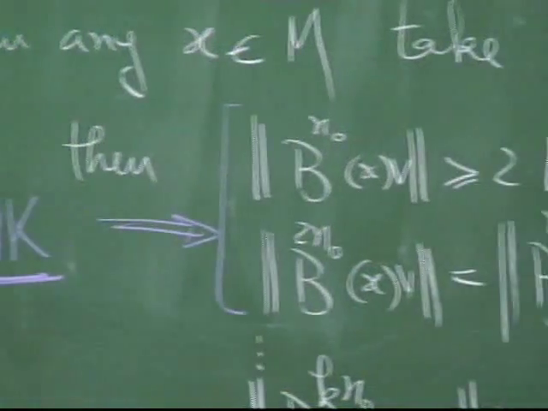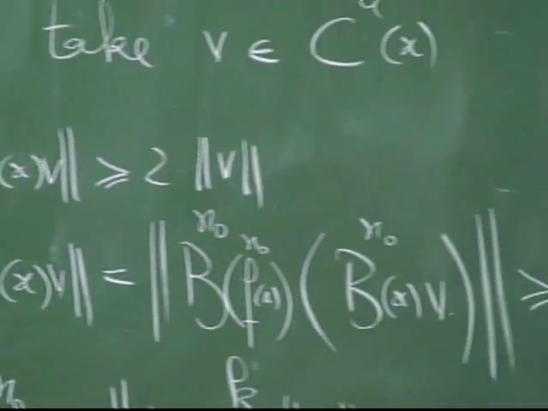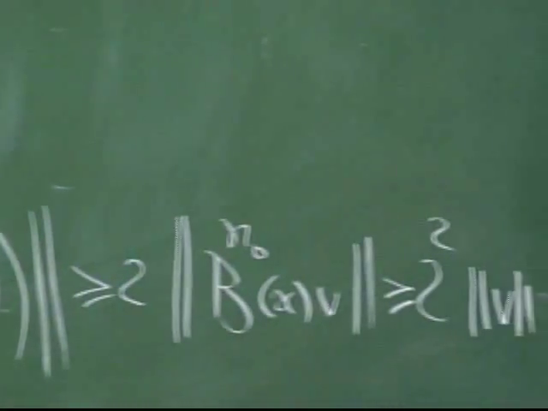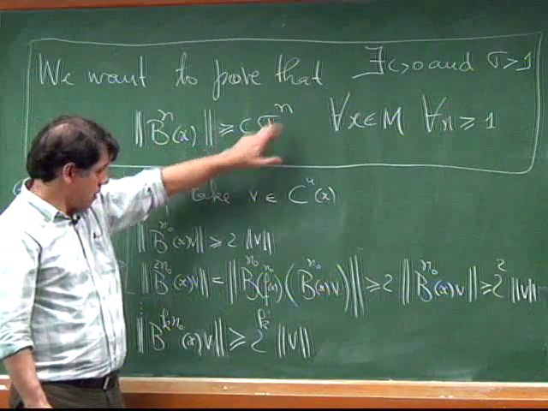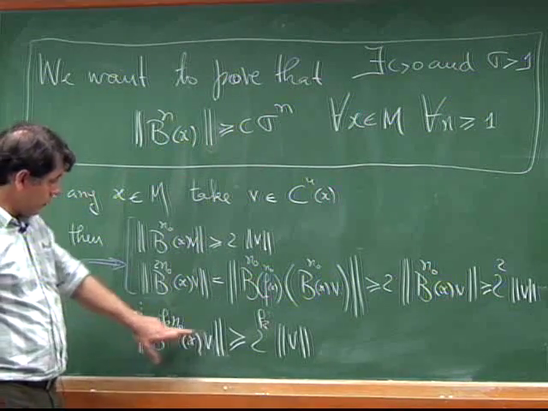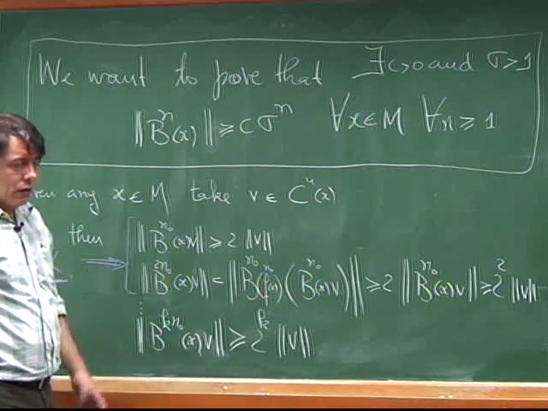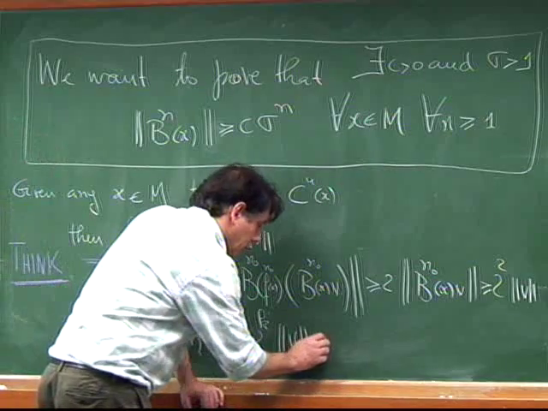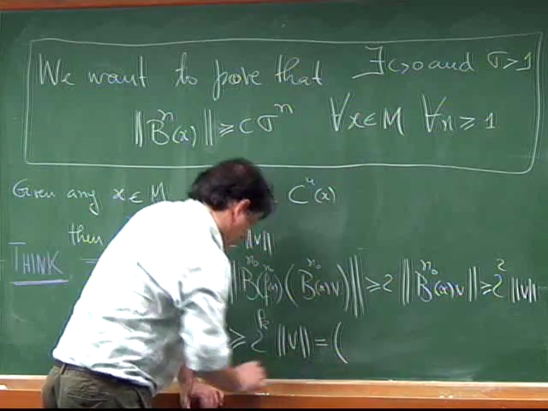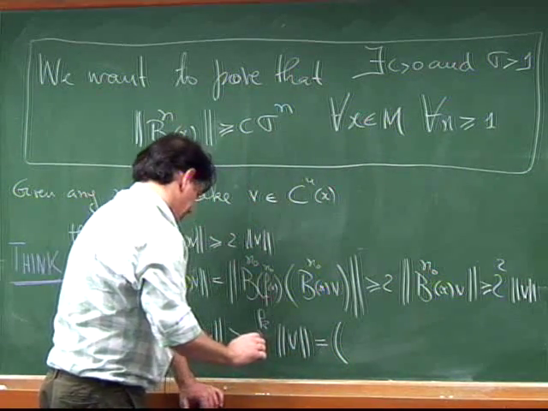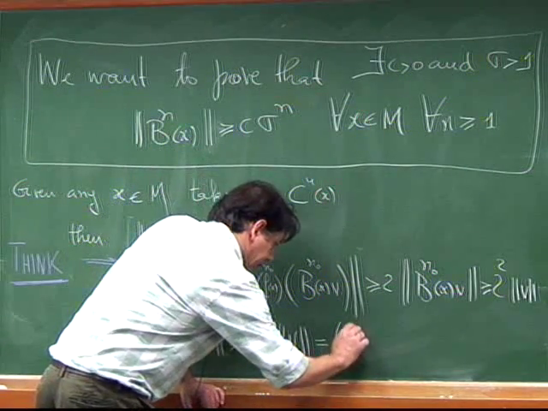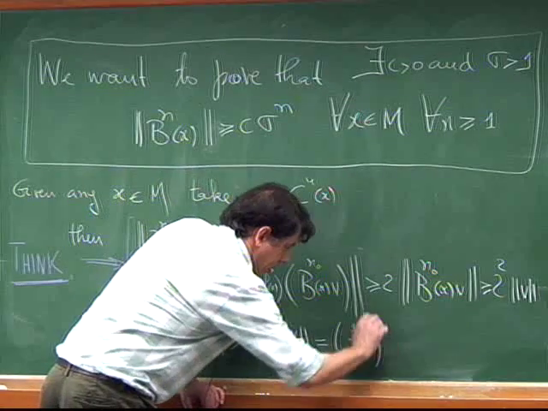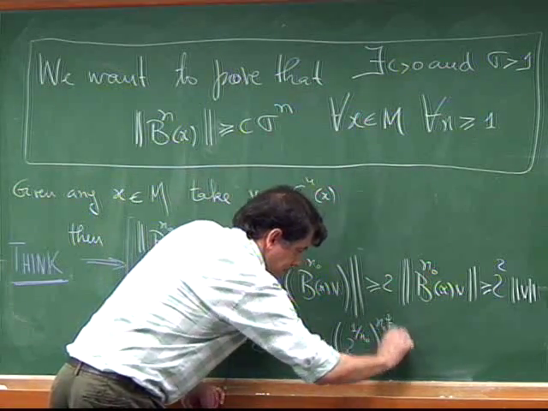Okay? And this is essentially what I wanted. Wait, no, it's not what I wanted, because here is n, and here I have kn0, and here I have k. Okay, but that's not a big deal. 2 to the k is also known as 2 to the 1 over n0, to the power kn0.